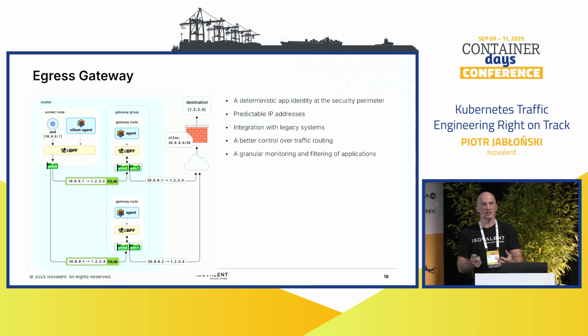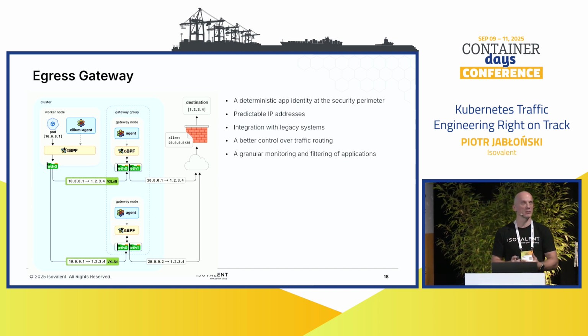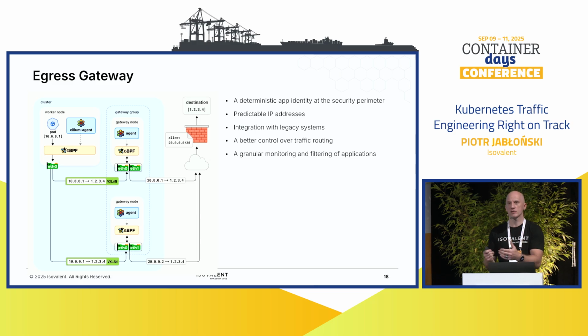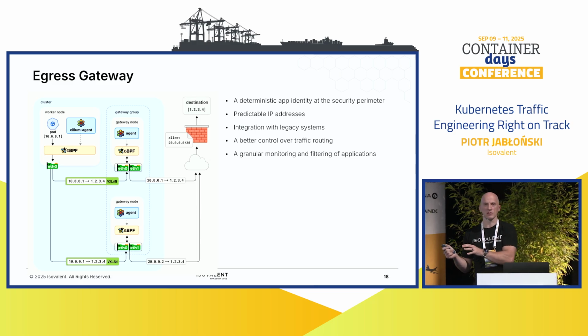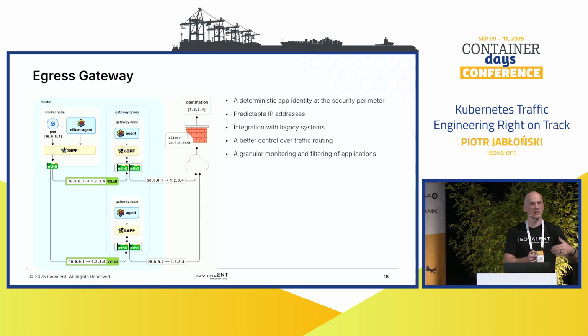Of course, as a representative of Isovalent, I'm presenting functions which are used by Cilium, but please do not stick to this term egress gateway or Cilium functions. Just take the functional view of this feature or component, because of course you can find equivalent products on the market as well. So that's the disclaimer.